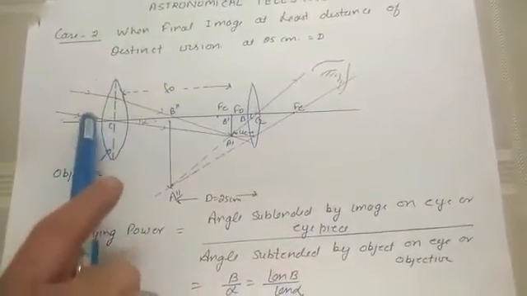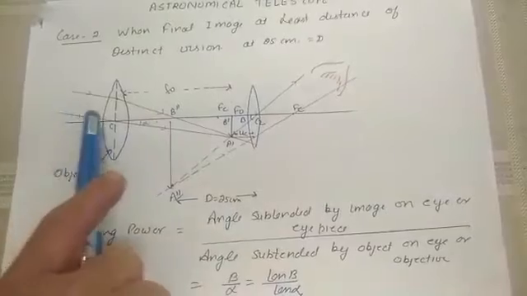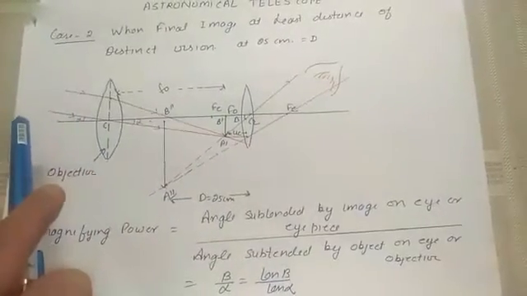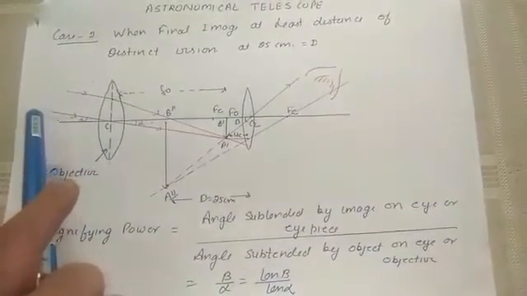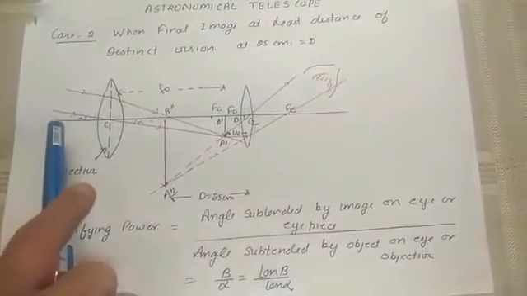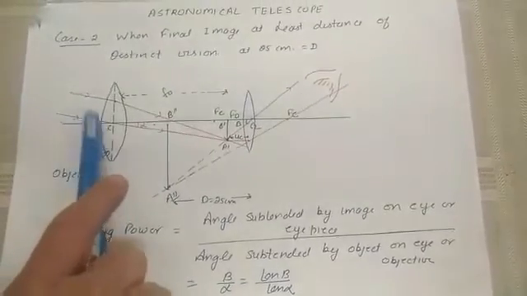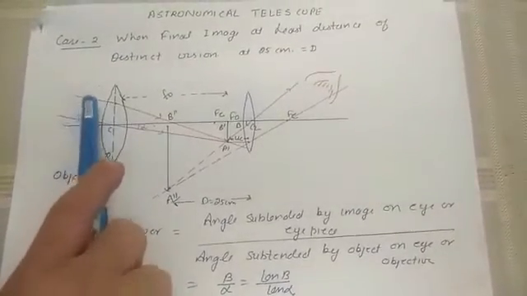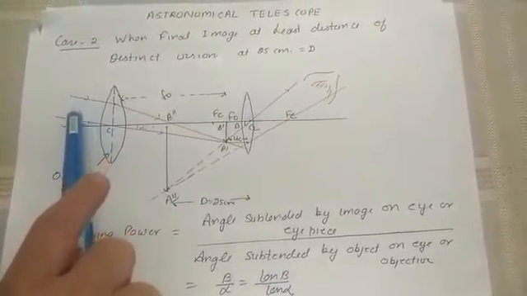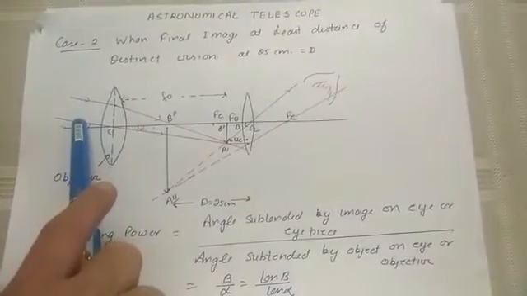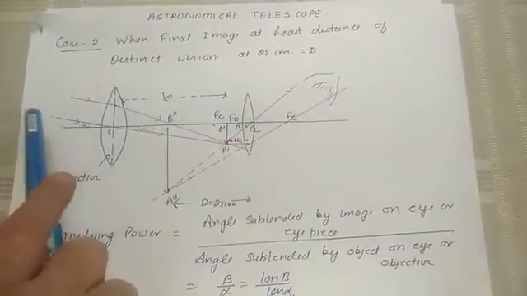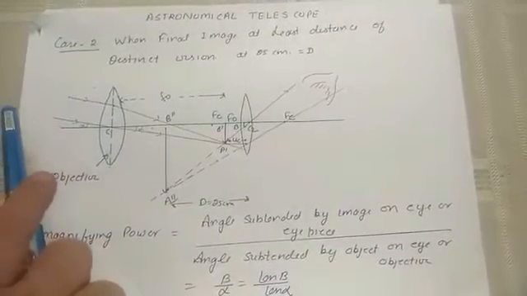But here the object is very far, at infinity, and the rays are always observed parallel to each other. This is the parallel beam of light rays which we are observing from the heavenly bodies.